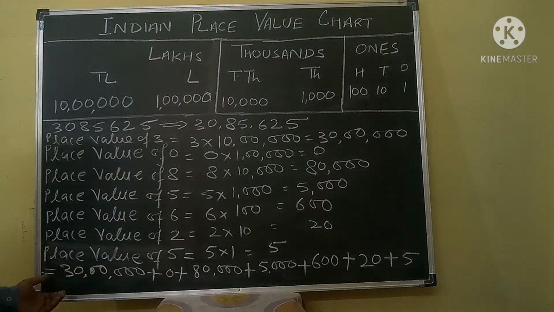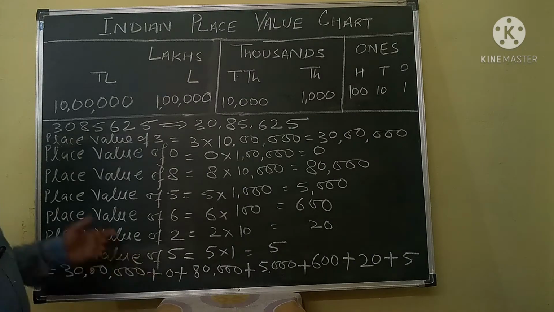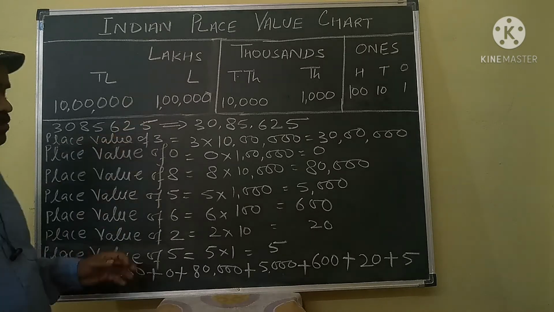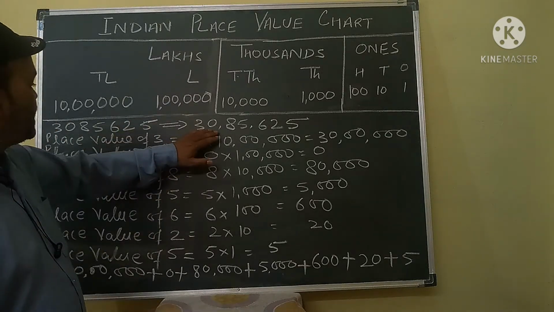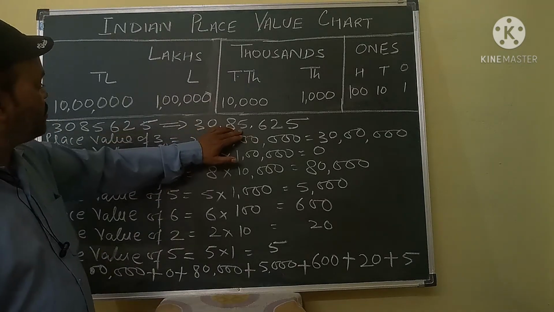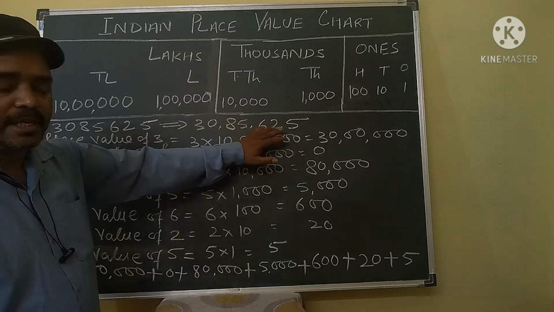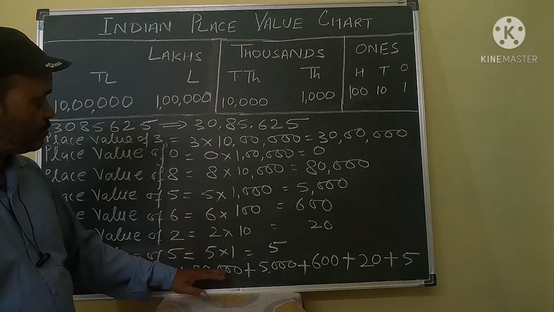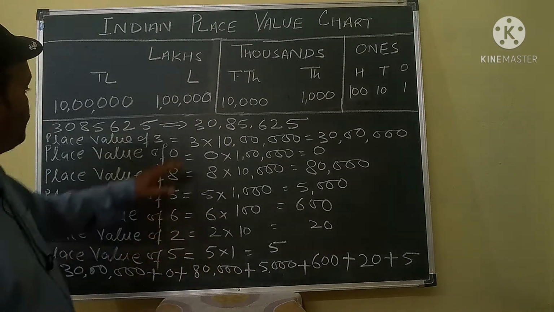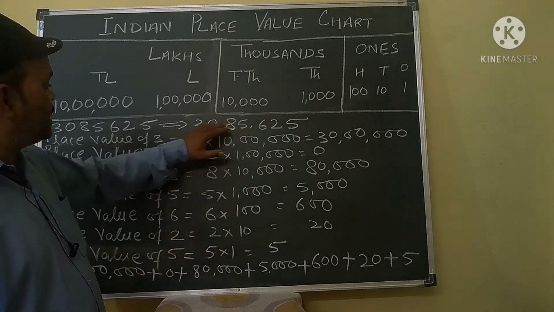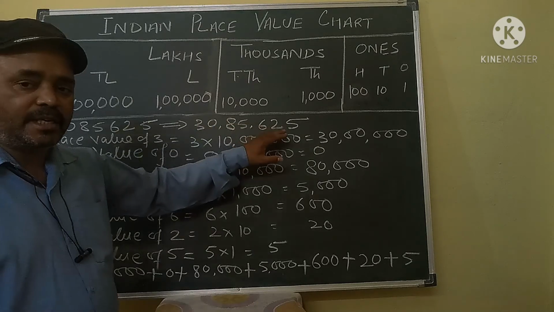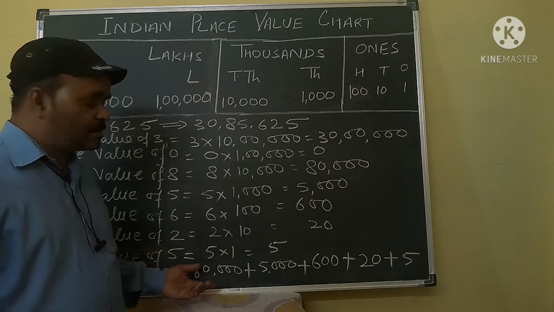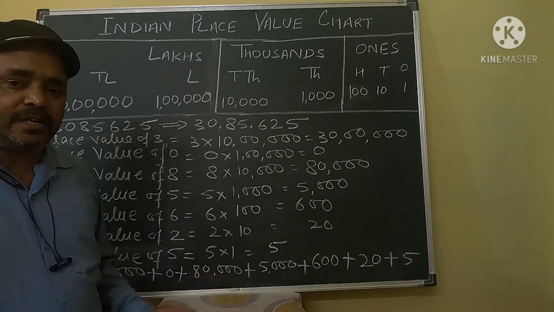This is the expanded form of 3085625, or 30 lakh 85,625. This is the expanded form of 30 lakh 85,625.